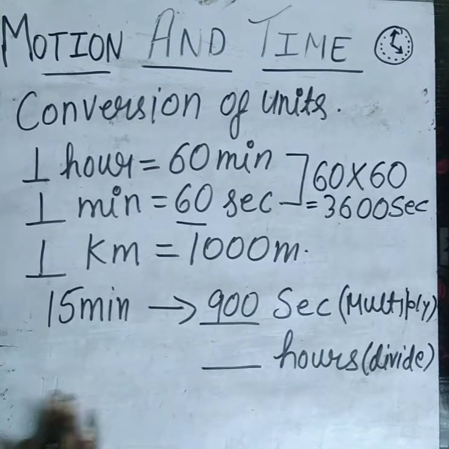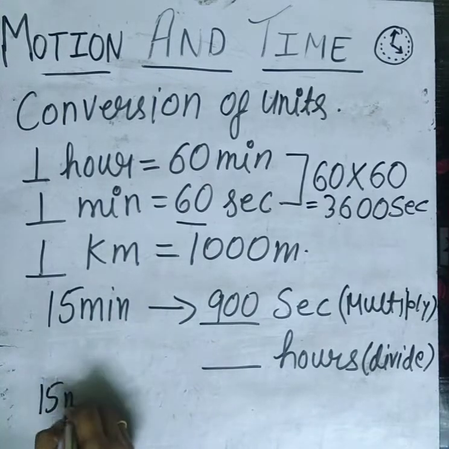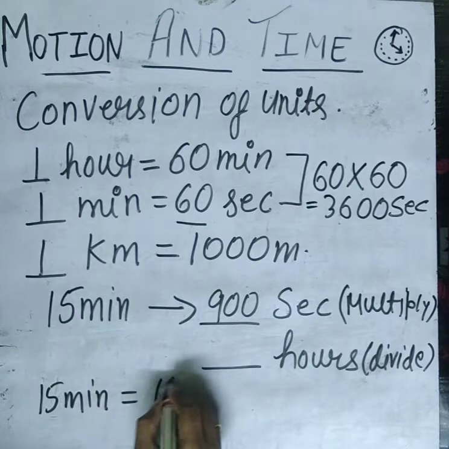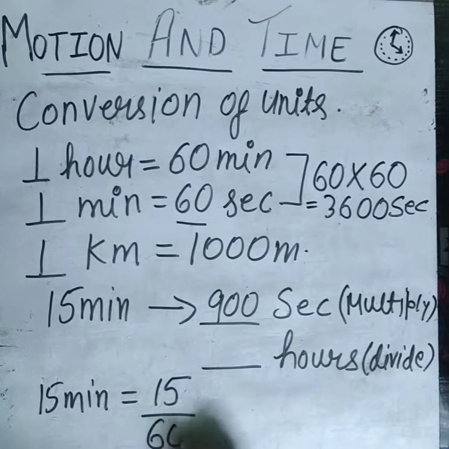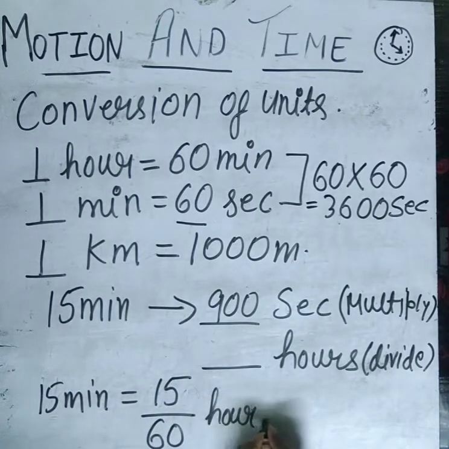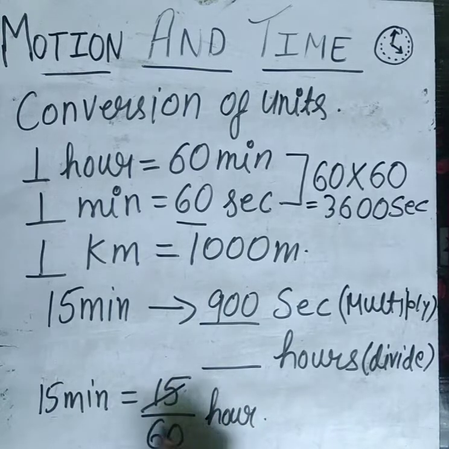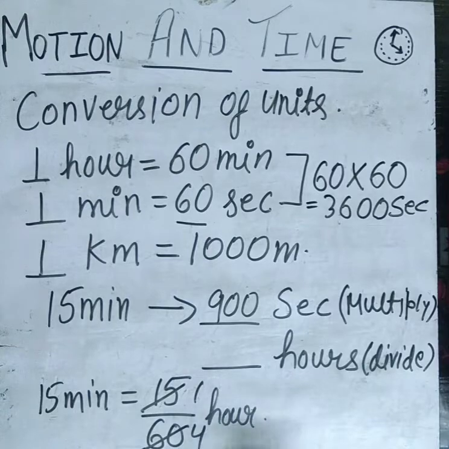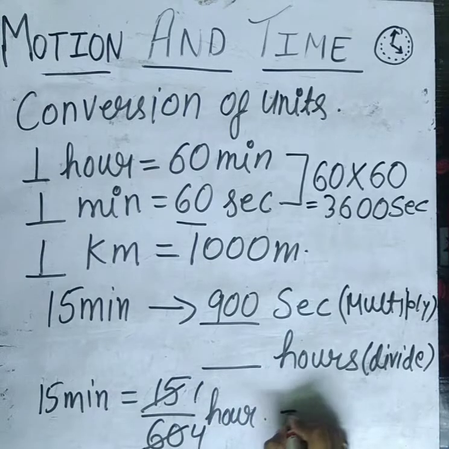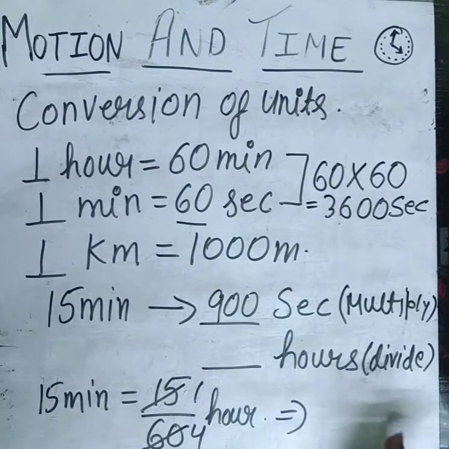So what we will do is write down that 15 minutes are equal to 15 upon 60 hours. And if you cancel this, then you will get 1 by 4. Okay, 1 by 4 hours. Or even if you want to get it in decimal form, we can get that also.